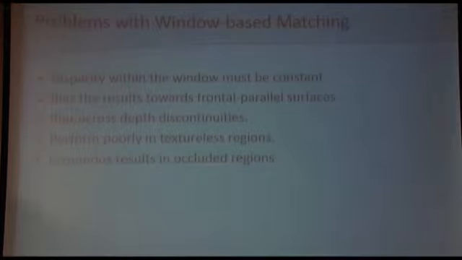Если у нас какая-то текстура, то есть картинка не наложена на объект, то это вообще не решаемо. And of course we have very large areas that are occluded. Why? Because the algorithm doesn't really know that this point cannot be found in the other image, and that's why the algorithm chooses some arbitrary points.